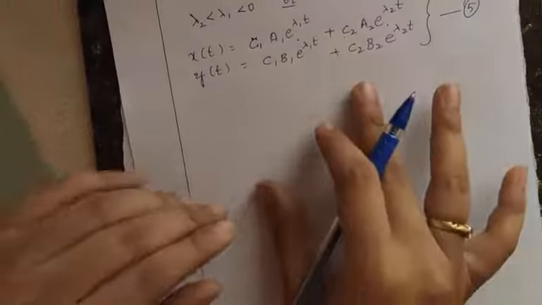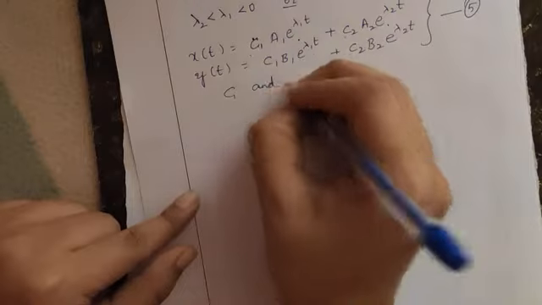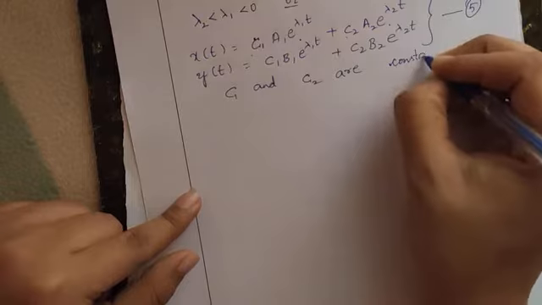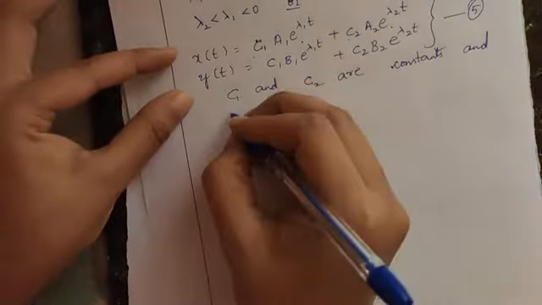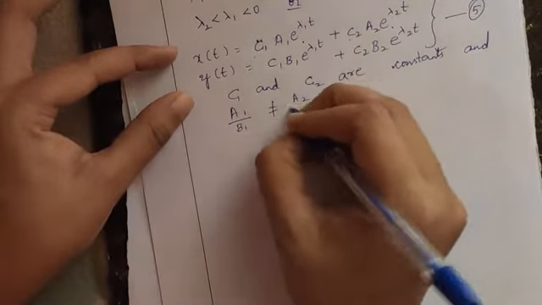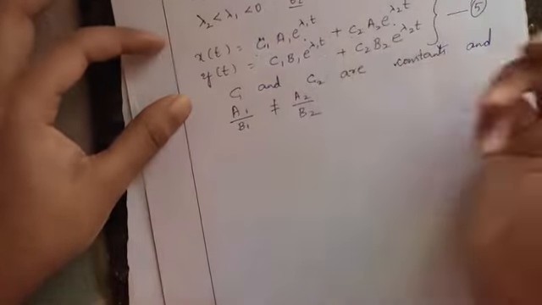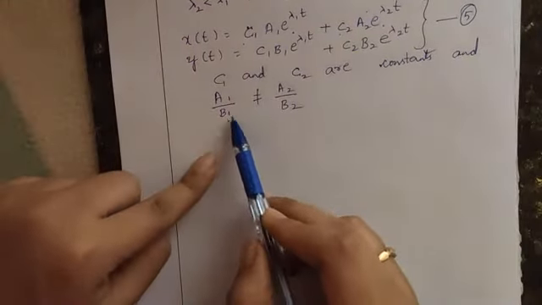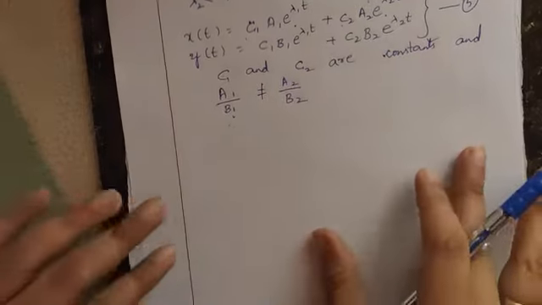Now we know that c1 and c2 are constants here, and if I take the ratio of these two, a1 by b1 is not equal to a2 by b2. If both are equal, your eigenvalues will be equal, but our eigenvalues are not equal, so I can write a1 by b1 is not equal to a2 by b2.